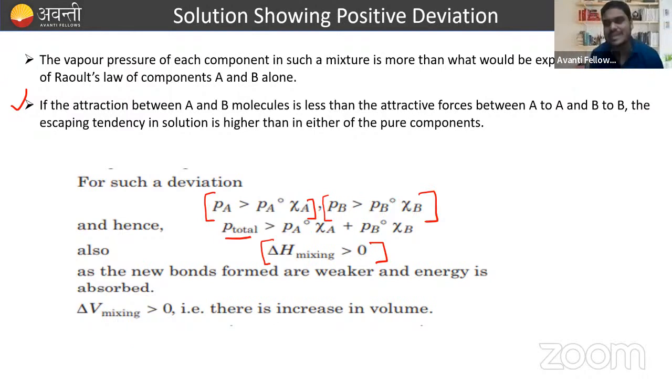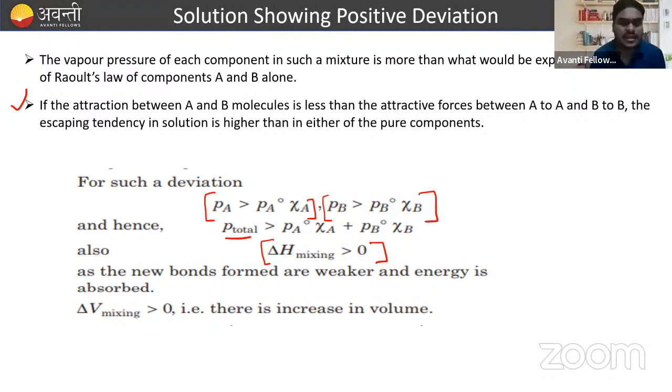Just remember one simple thing: in case of positive deviation, delta H of mixing is greater than 0 and delta V of mixing is also greater than 0. And why is delta H of mixing greater than 0, beta? Because the new bonds formed are weaker and energy is absorbed.